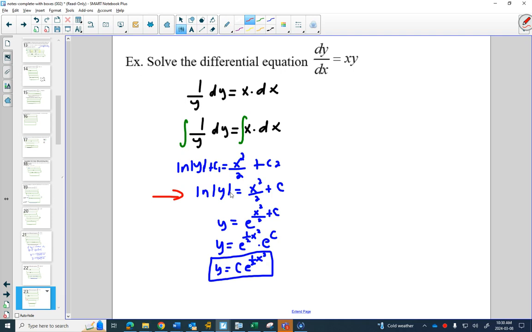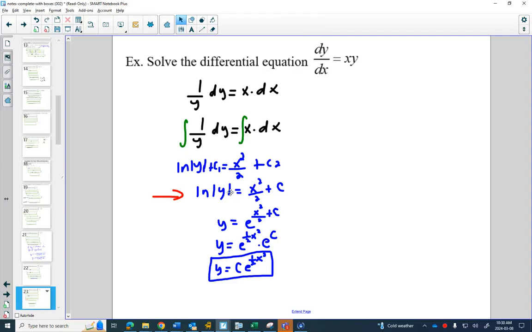Okay? Now, if you wanted to get the explicit equation and get y by itself, how do you solve for y inside of a natural logarithm? Change it to exponential form. The base is e. This whole thing would be the exponent, and that would get you y by itself. Technically, absolute value of y, but because this is always positive anyways, you don't need the absolute value anymore.